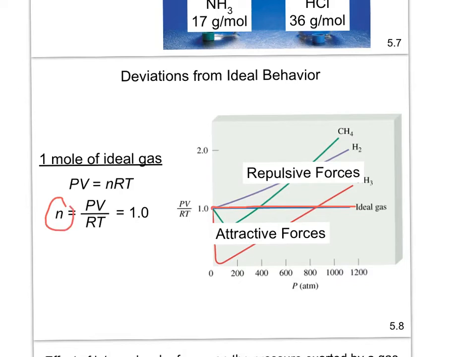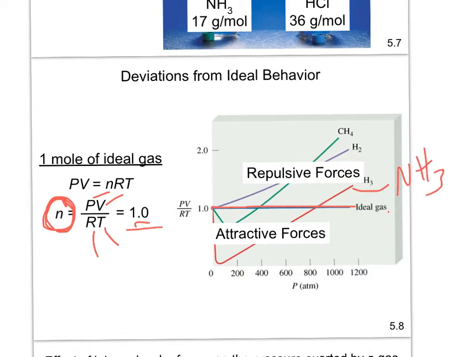If I have a certain pressure, a certain volume, and a certain temperature, maybe PV = nRT predicts I should have this many moles of gas, and that answer is 1. For an ideal gas, that means it gives me exactly what PV = nRT says it should be. However, you'll see all these different lines. Different gases deviate from ideal behavior, some more than others.